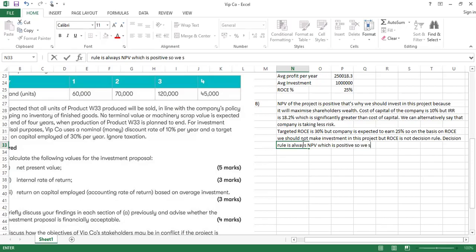So we should accept the project. So this is the answer of the part B. Any question, anyone?